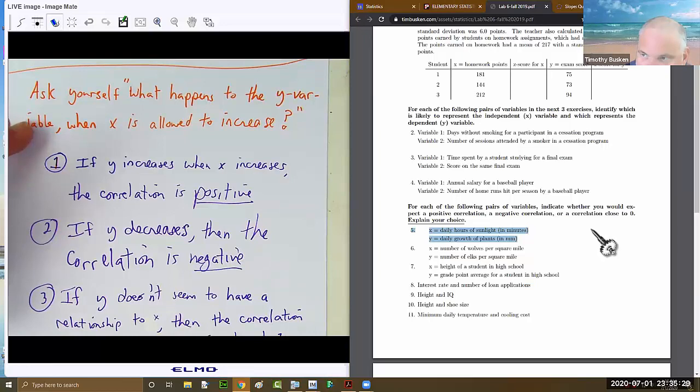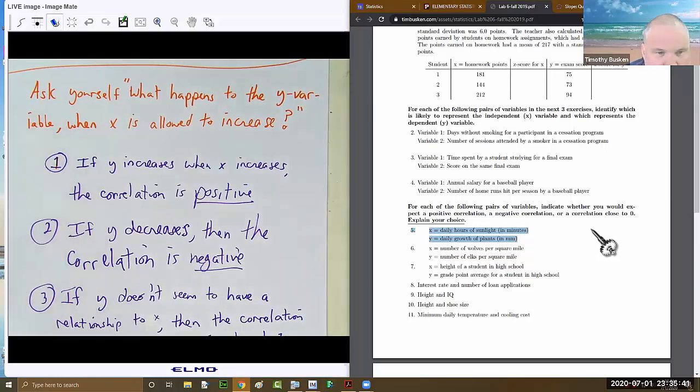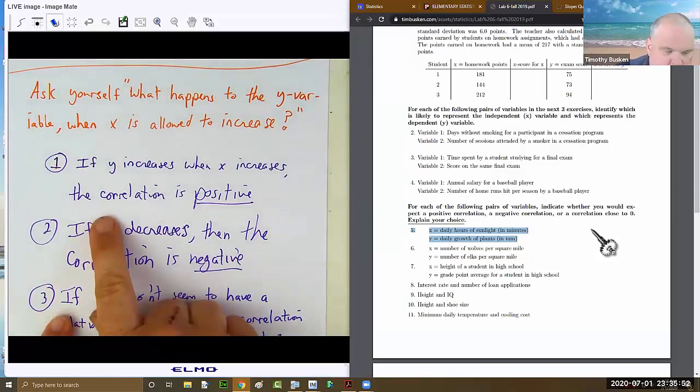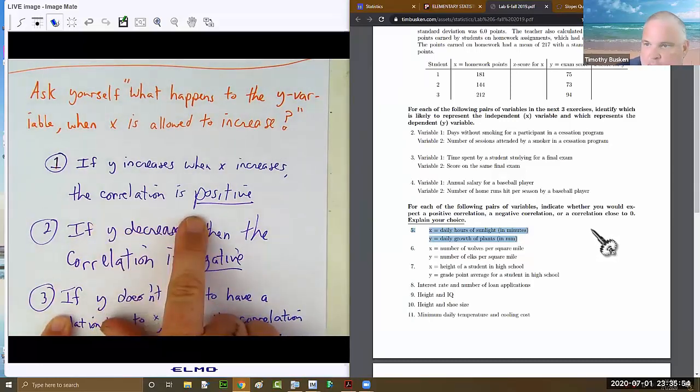If I increase the amount of daily hours of sunlight, is Y going to increase or decrease? Well, if I increase the hours of sunlight, will it have a tendency to make the growth of the plant decrease? No, it'll probably increase. And so therefore, we're going to say that the correlation is positive for number 5.